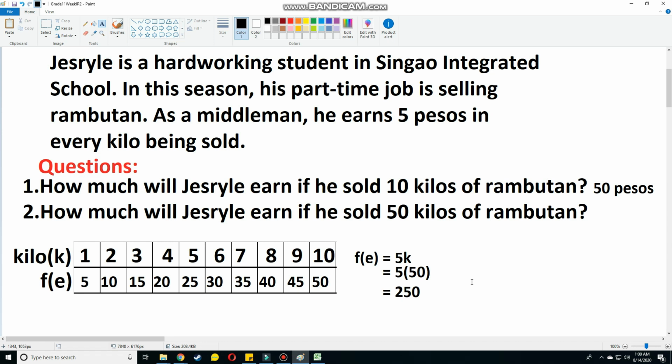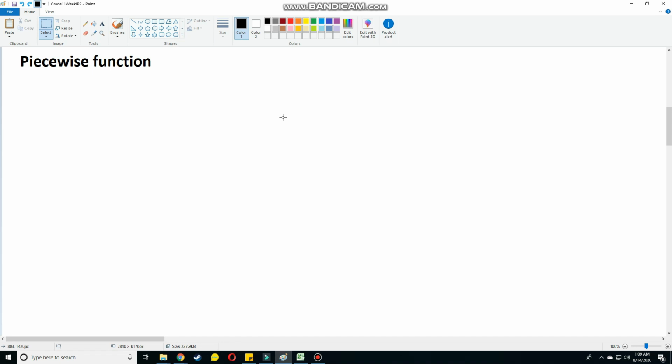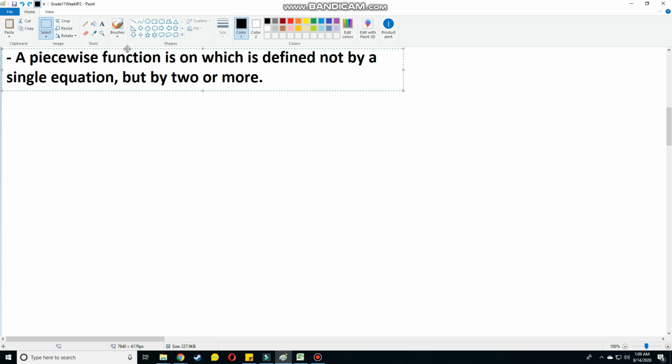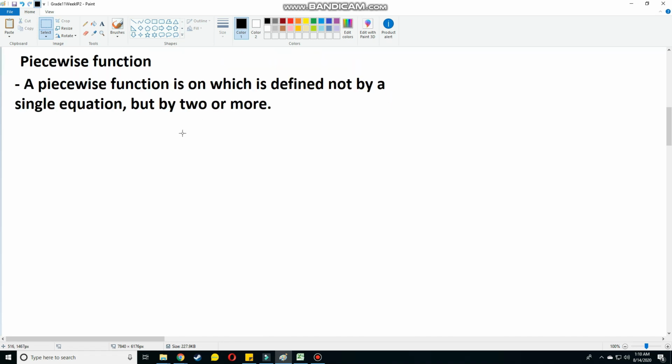Our next example would be an example of a piecewise function. Before we proceed to our example, let us first define a piecewise function. A piecewise function is one which is defined not by a single equation but by two or more. So you could say a piecewise function is more like a function, but of course, it has more than one equation.